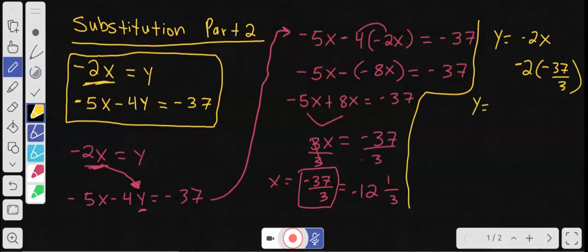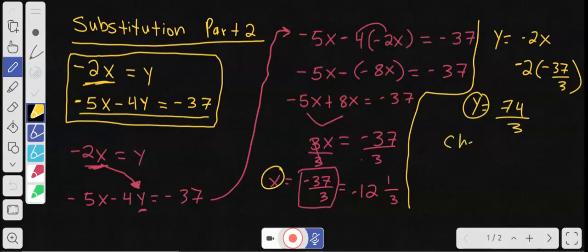So negative 2 times negative 37 is simply positive 74 over 3. Okay? That's our y, 74 over 3. Straightforward. Now that we have our y, we're going to plug in the x that we know, the x is over here, and our y into this problem over here to confirm and check if that's correct. So let's put the check now.